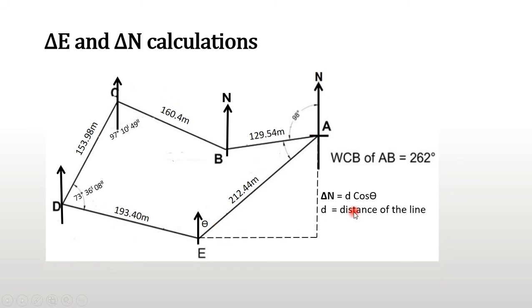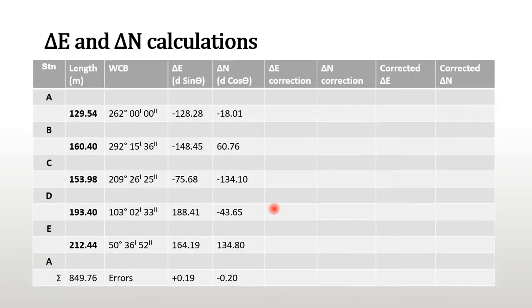Then we are going to determine the change in Northings. On the other hand, if we are determining the change in Eastings, from here to there, we multiply the distance that we have observed, which is distance EA, times sine theta, or sine of the bearing of the line EA. Then we have determined the value of the change in Eastings. So let us look at how we work this out.